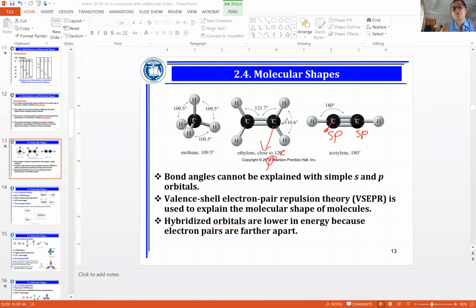For sp2, you have the bond angle of 120, and then the shape is trigonal planar. The shape, when you have sp hybrid, is linear, bond angle 180; sp2, bond angle 120.